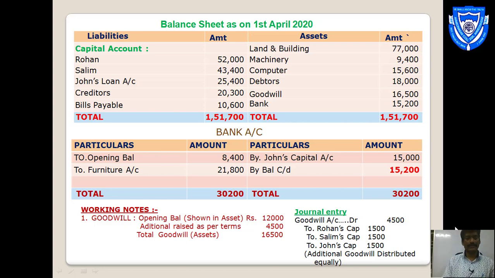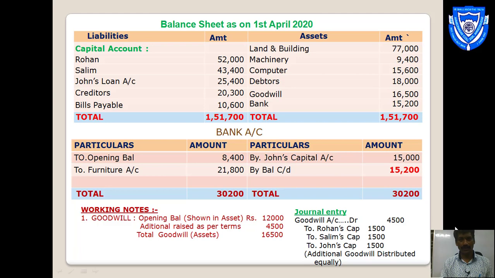Again we sold furniture, so we can pass our journal entry. That means bank account debit to furniture account, and it is 21,800. And at last we made a total of the debit side of bank account, that is 30,200, and deducted the credit side, that means payments, from this 30,200, and we got a debit balance of rupees 15,200.